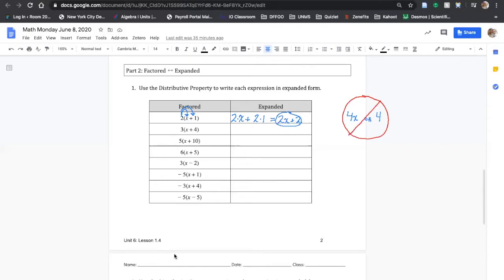Now, second thing you want to be careful about is the most common mistake that students make here is they forget to distribute to the second term inside of parentheses. And let me explain what I mean there. So a lot of times students will say, okay, so 2 times x plus 1 is equal to, actually what they usually do is they don't draw the arrows, which is why they forget it.